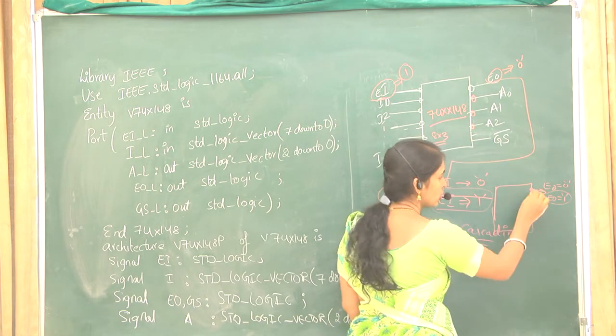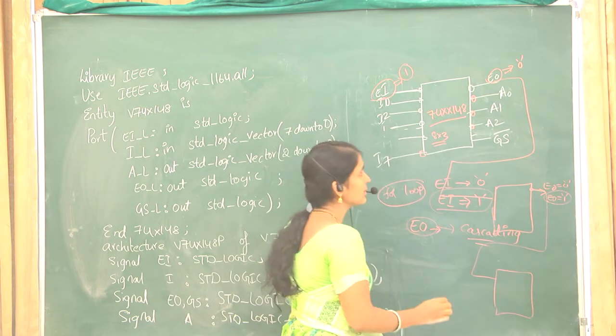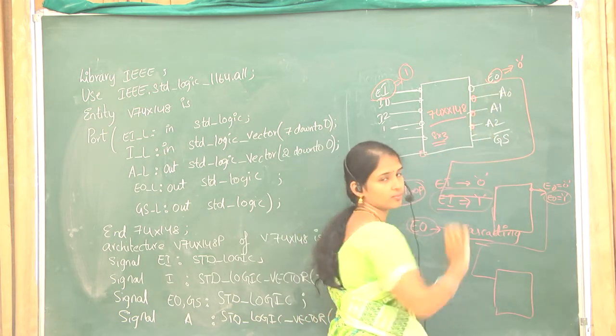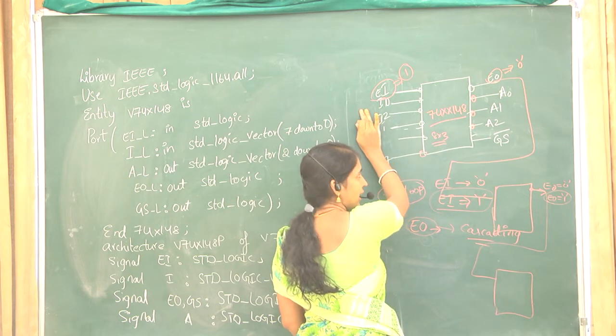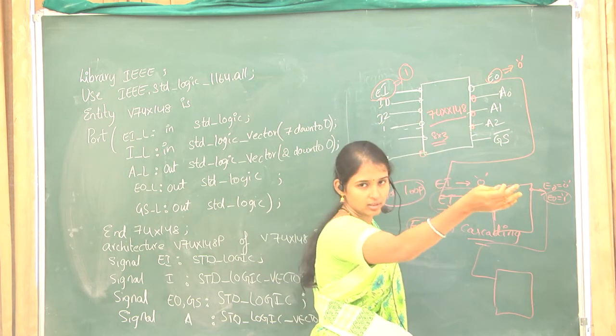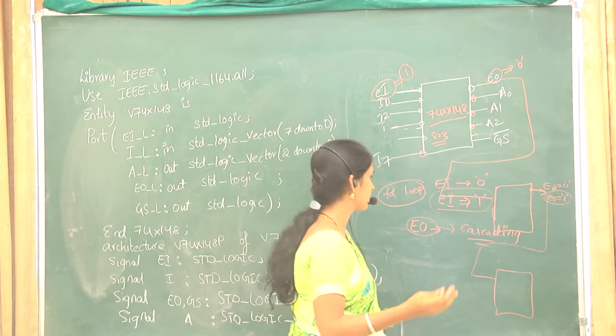So again we'll use the next IC. That means this is used for cascading. If the enable inputs are not available, it will check the next IC, and there also if the outputs are not available, it will go to the next IC, like that.